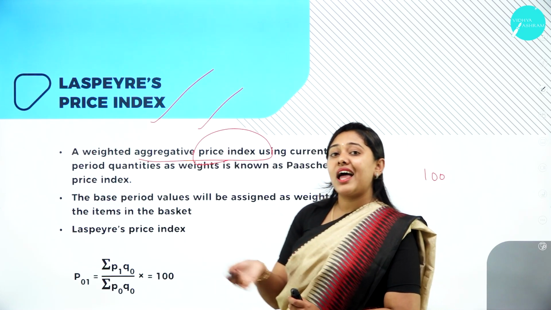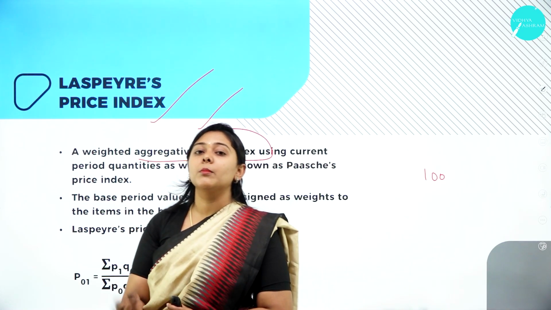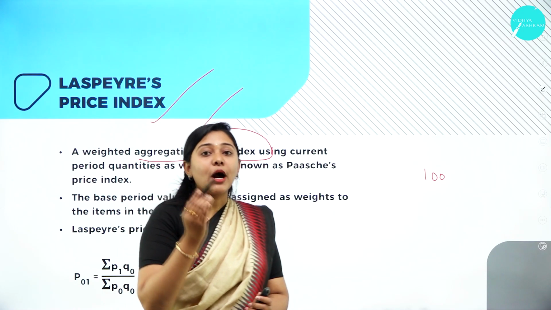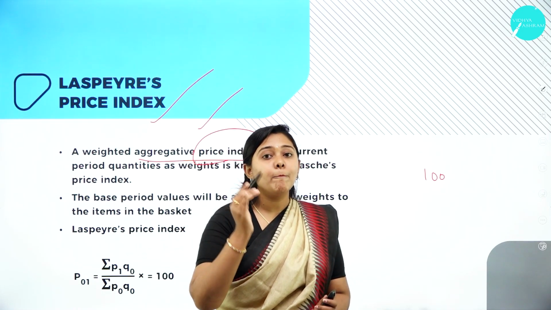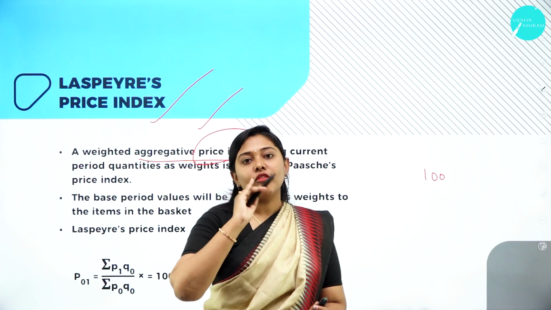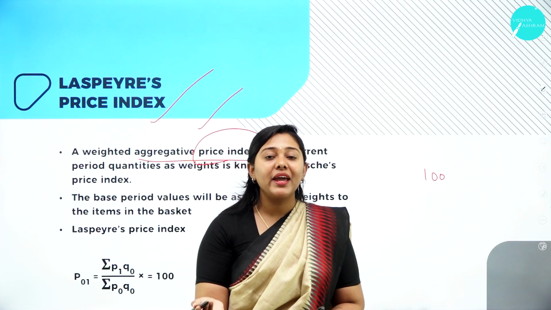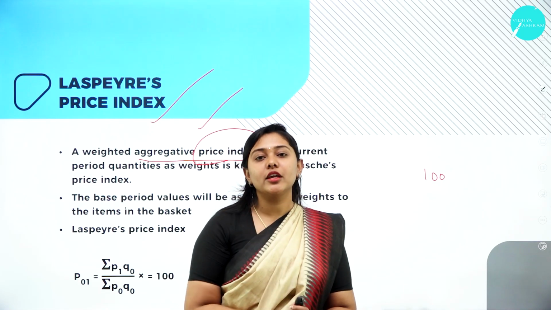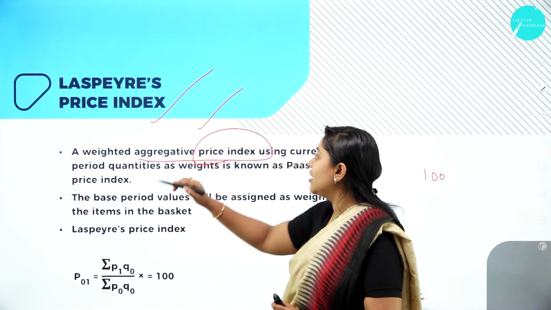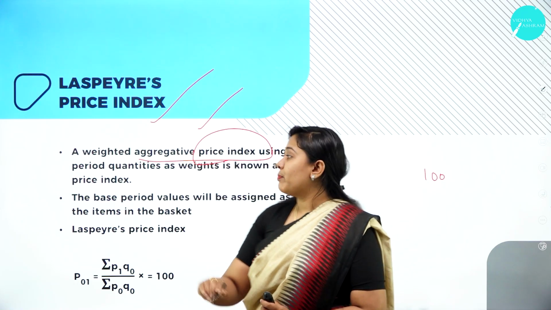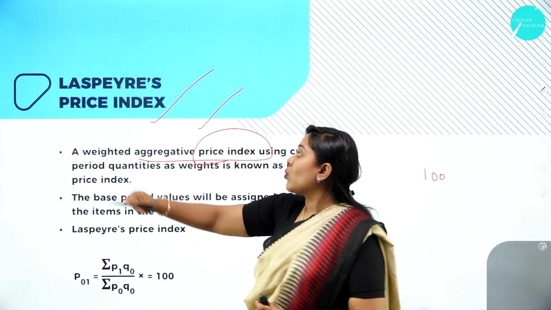For example, in the last class we discussed a problem, in which we compared the price of the current year with the base year by using the quantity of the base year.